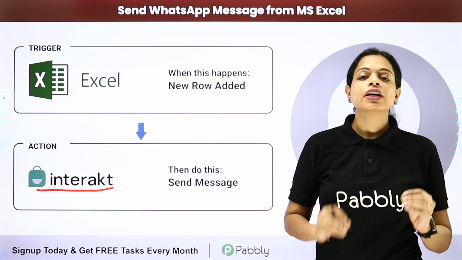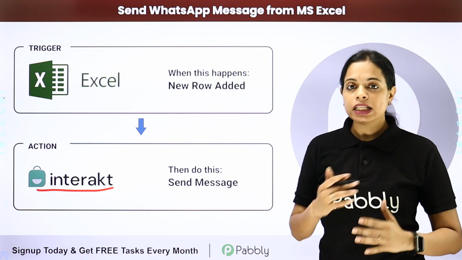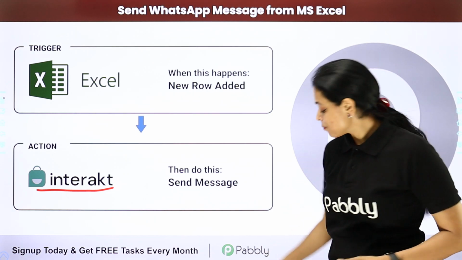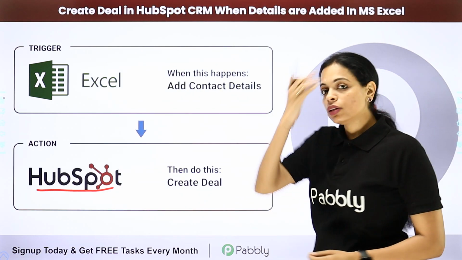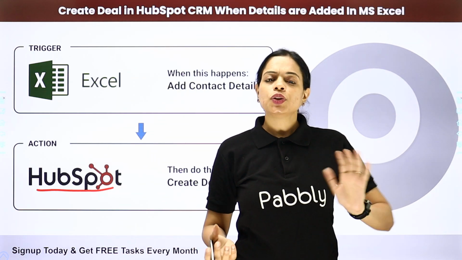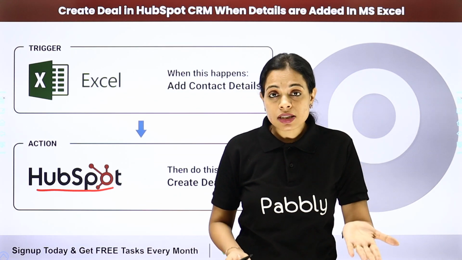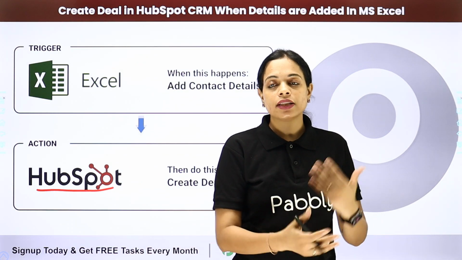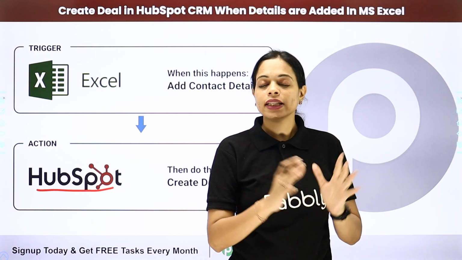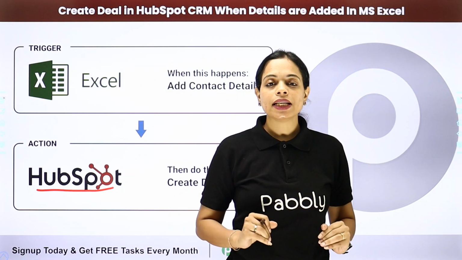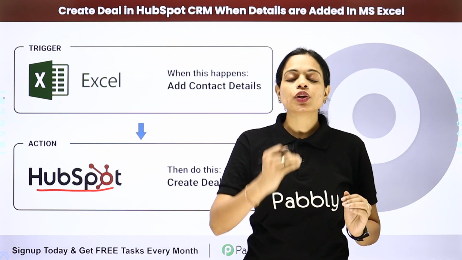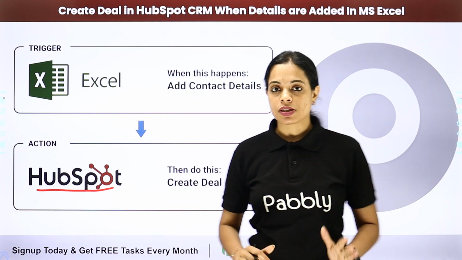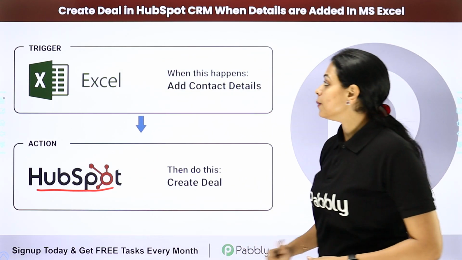And here you have chosen the application Interact that helps you in sending WhatsApp messages. Next thing is, now just like you have sent WhatsApp messages, you can send messages like SMS, you can send a mail through Gmail or any other mail application. All you have to do is keep on integrating different applications. Let's check out the next example.